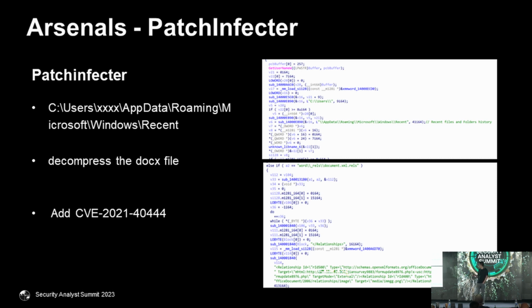So what it added is actually a script which can trigger the CVE. The CVE number is on the screen. So if the infected file is opened, it will execute the malicious scripts inside.